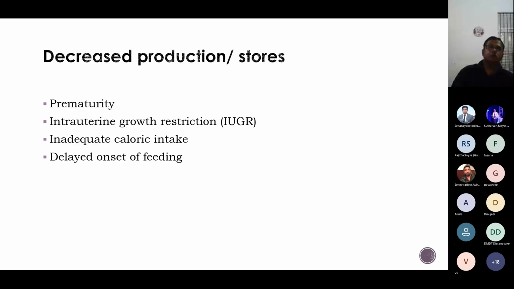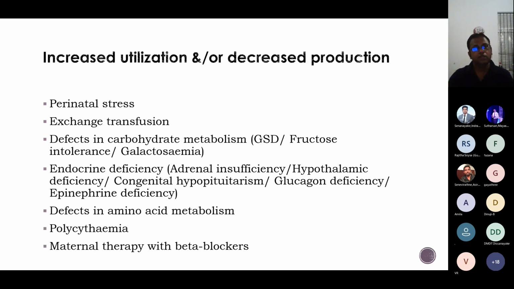So decreased production, and associated hypoglycemia, is seen in conditions like prematurity and IUGR, and inadequate feeding or calorie intake, and if there's a delay in onset of feeding. And there is another list of causes where you see both in combination, increased utilization plus or minus decreased production.